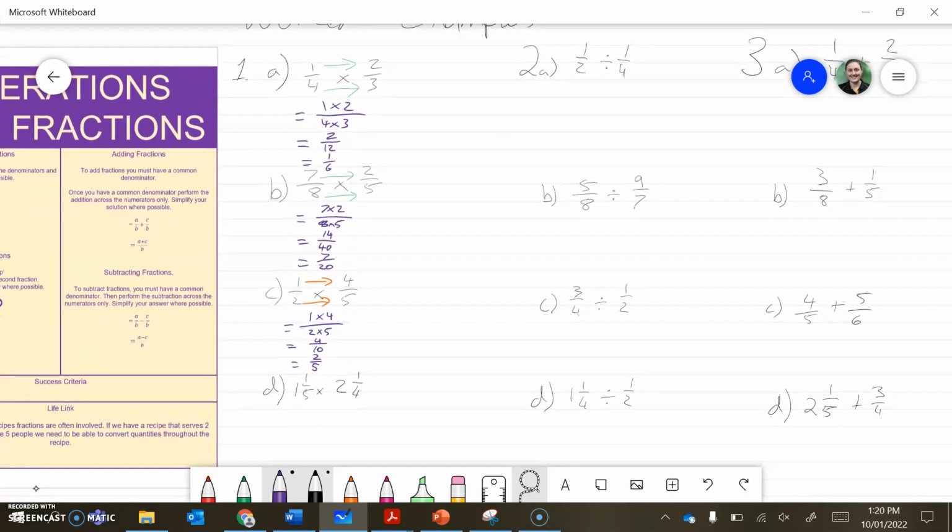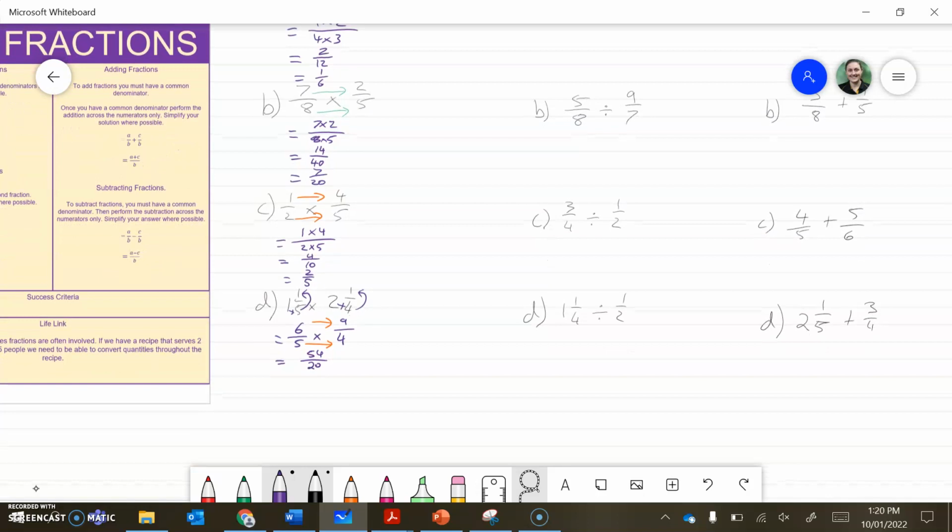And our fourth and final multiplication one here, what I'm going to do is change these to improper fractions. So 1 times 5 is 5, plus 1 is 6. So we've got 6/5 times 2 times 4 is 8, plus 1 is 9, 9/4. So we go across our numerators, across our denominators. So 6 9s are 54, 5 4s are 20.